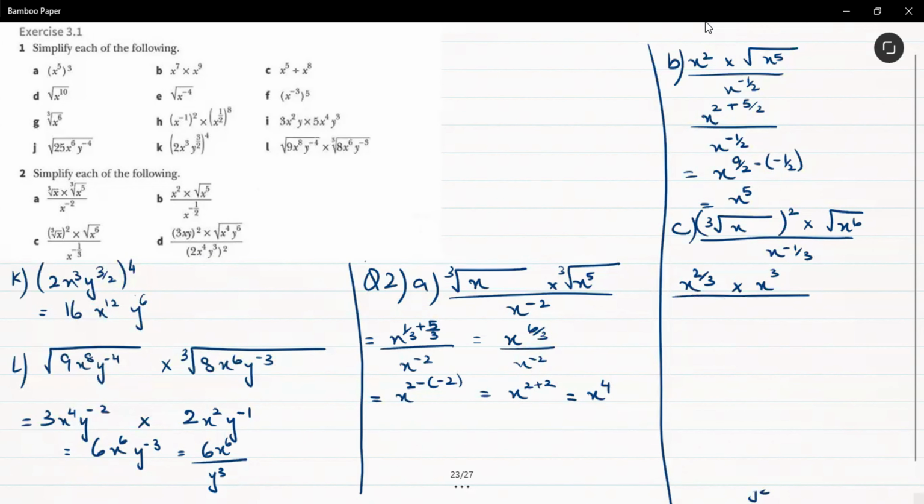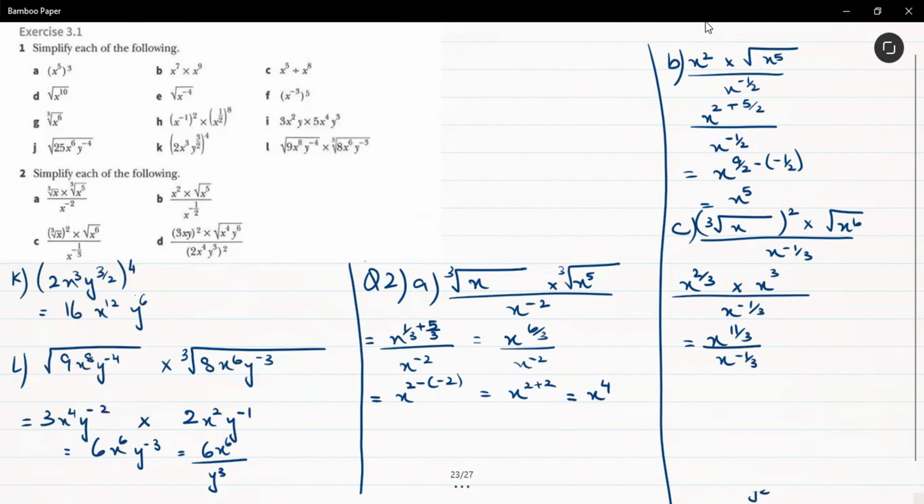So x to the power 2 over 3 multiplied by x to the power of 3 is divided by x to the power -1 over 3. Again, these two are being multiplied, so first of all, we are going to add these up. x to the power 2 over 3 plus 3 is going to give us 11 over 3, divided by x to the power -1 over 3.